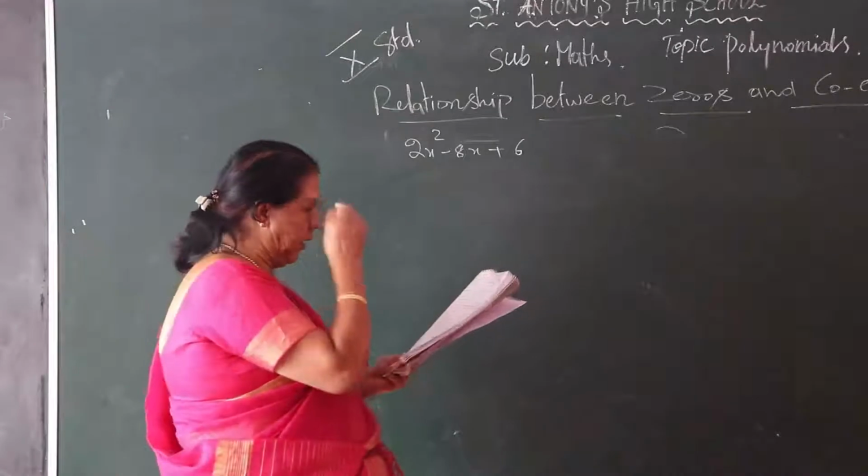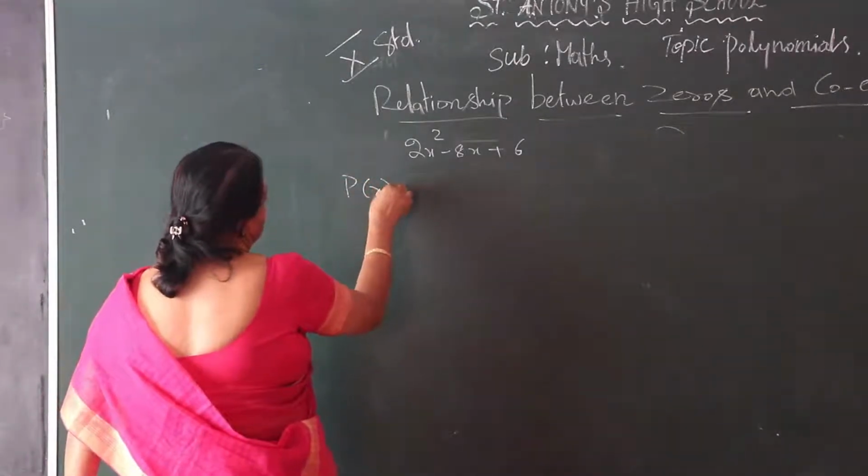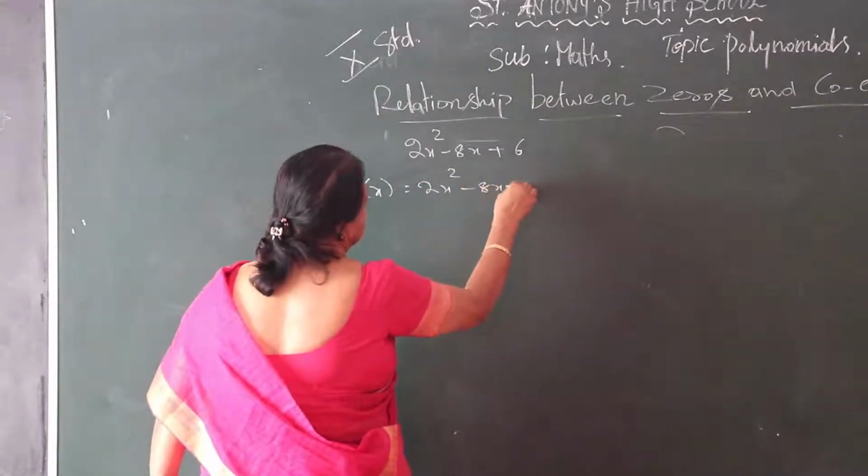Let us have that one. P of x is equal to 2x square minus 8x plus 6.